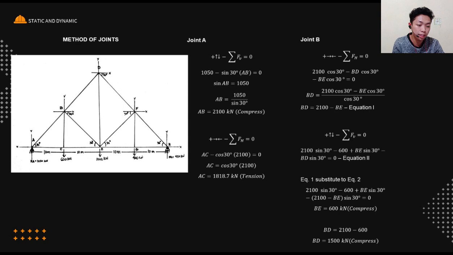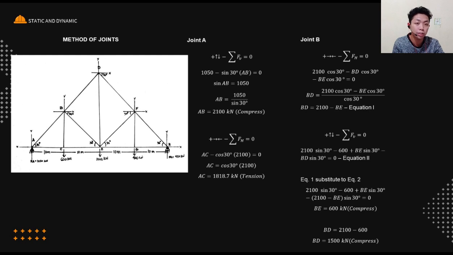Plus yung BE sin 30 degrees natin, magiging positive siya since pataas, then yung BD sin 30 degrees is magiging negative since pababa siya. So, 2,100 times sine 30 degrees minus 600 plus BE sine 30 degrees minus BD sine 30 degrees. So, yun yung magiging equation 2 natin.